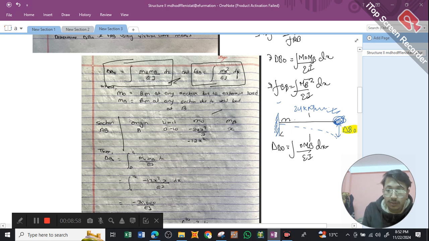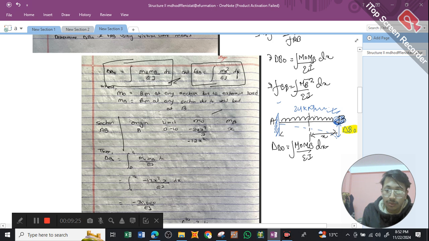We have a UDL of 24 kilonewton per meter, and we have section A and section B over here. We can take the origin at any point. This is similar to what we have done in Structure 1. So let me take x distance from point B, because firstly we need to calculate m_0.